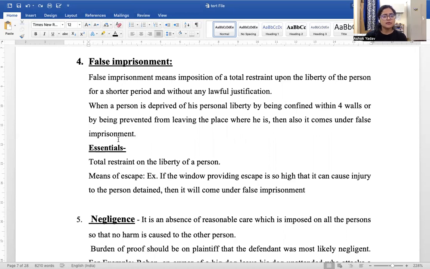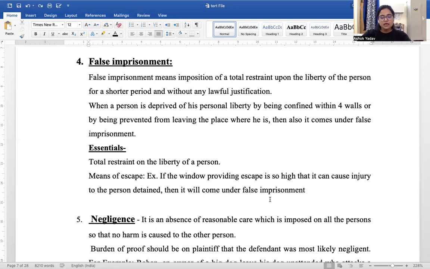So the essential elements of false imprisonment are total restraint on the liberty of a person, and no means of escape, right? For example, if the window providing escape is so high that it can cause injury to the person detained, then it will come under false imprisonment. So basically, what they're saying under this tort is that if there is a total restraint on your freedom to move, then it will come under the tort of false imprisonment.